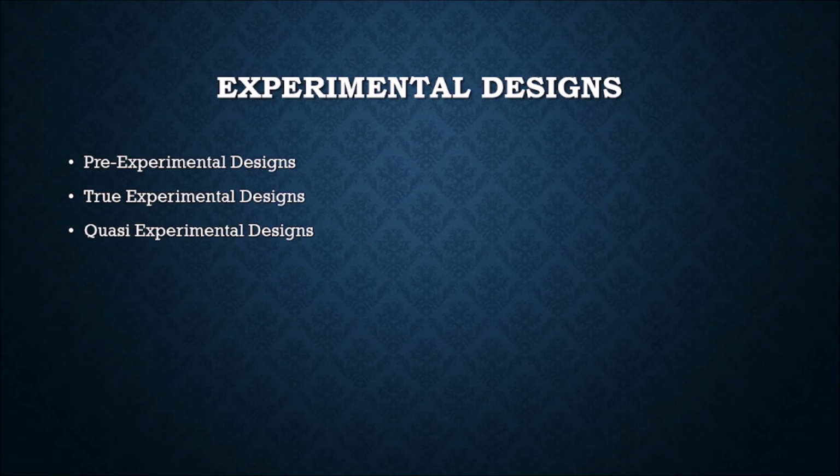In the interpretation of design, T is treatment, O is observation, E is experimental group, C is control group, and R is random selection.